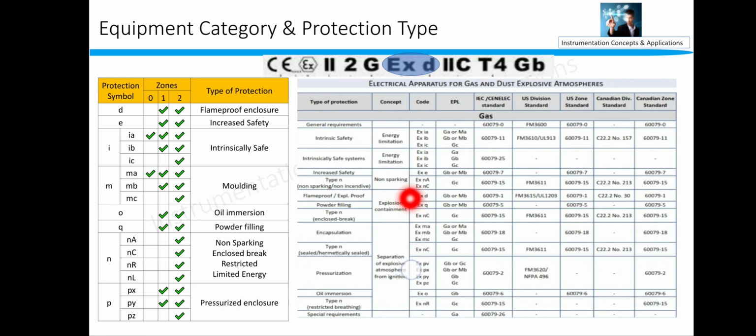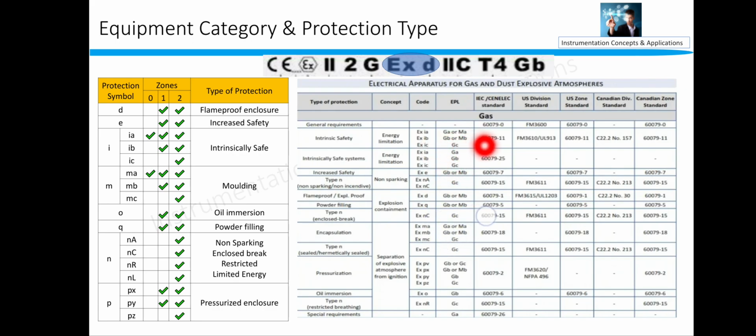And on the right side table we can see what standard is being followed. This is very important. This is the MSP of my videos: if any product is intrinsically safe, that means the concept is related to energy limitation, the energy going into the hazardous area is limited.